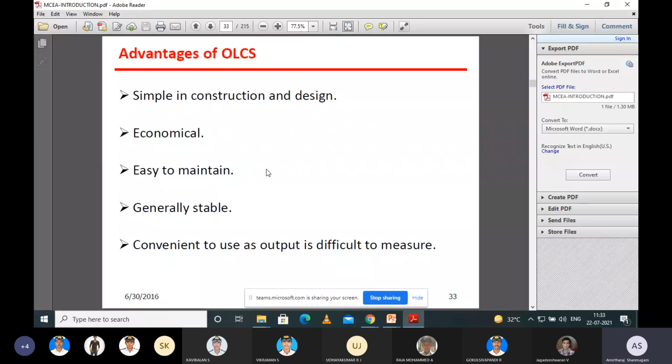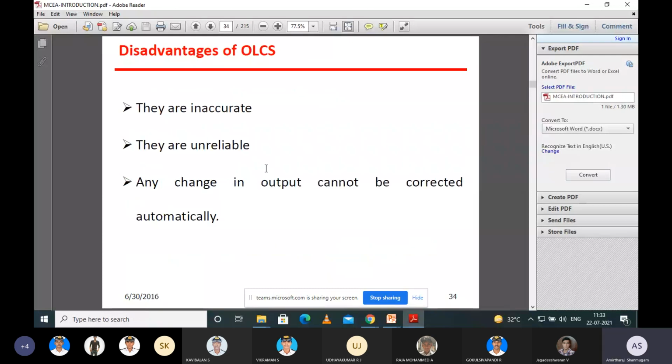Okay, you should add some more points regarding the title, advantages of open loop control system, and also some disadvantages. We know it's inaccurate. Suppose we need to run our machine at 1300 RPM, but we cannot get it accurately. We don't know how much speed is running. Once supply is given, the machine is running.